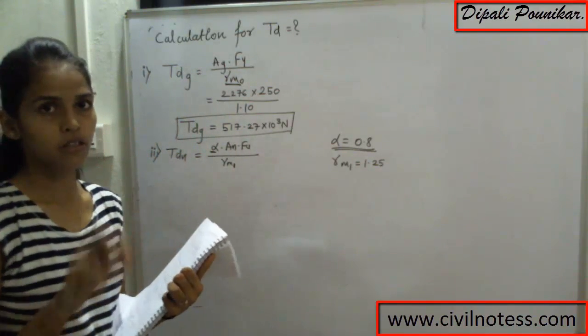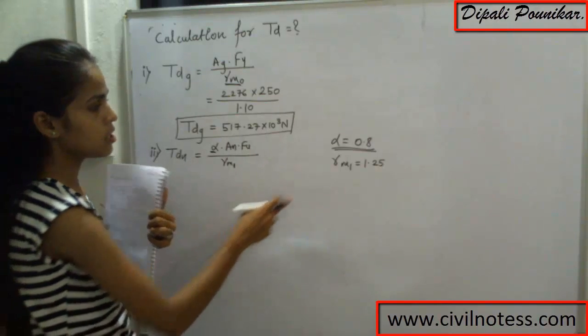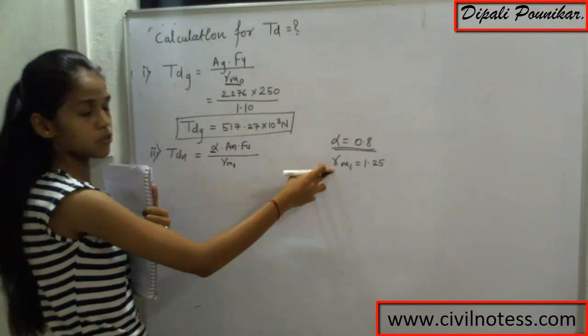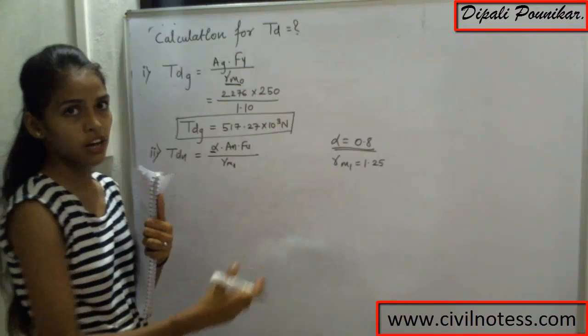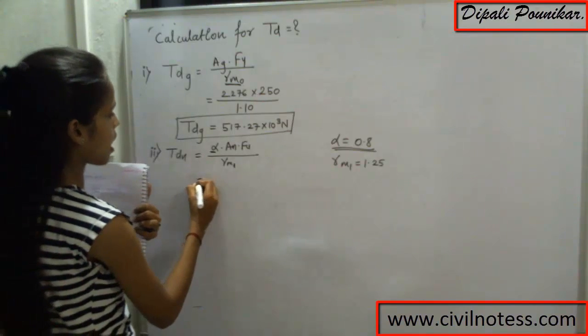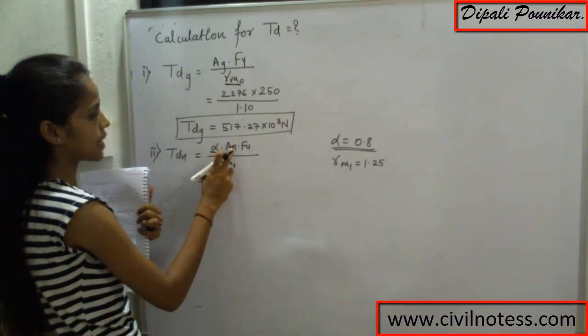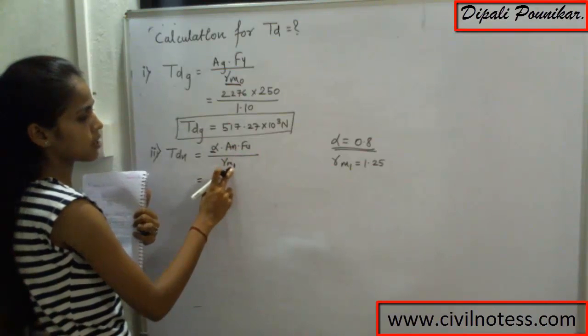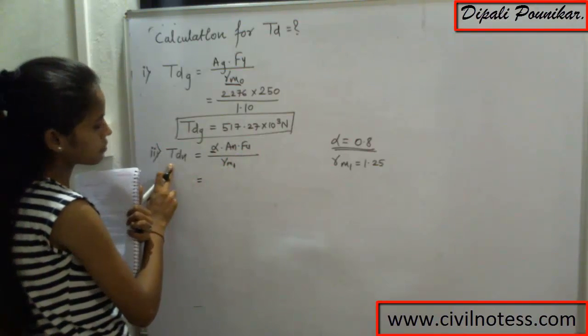One table is given on page number 30, so we have to choose it as for the shop field. After putting the value of alpha, AN, FU upon gamma m1, we get the value of TDN.